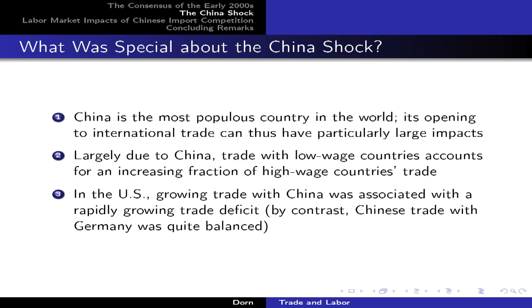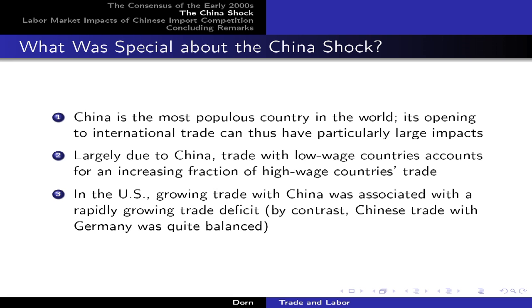Moreover, and this is a very, very important point to emphasize, there was, during that period of Chinese export growth, a very rapidly increasing trade deficit of the United States that stemmed largely from that bilateral trade relationship with China.